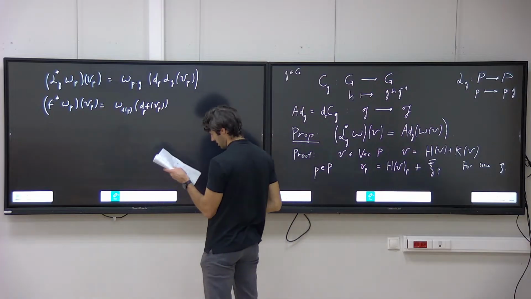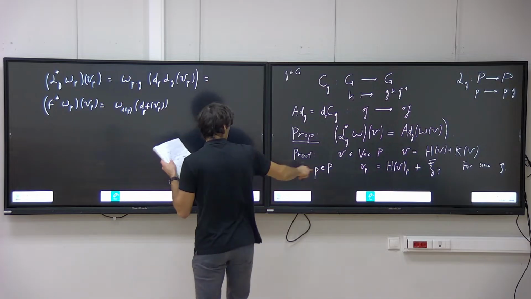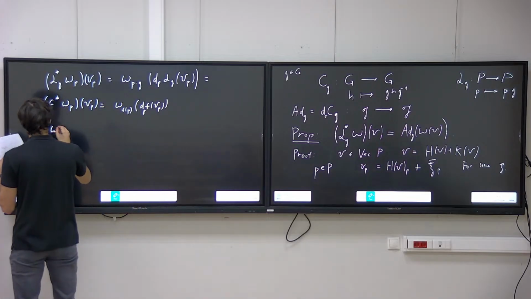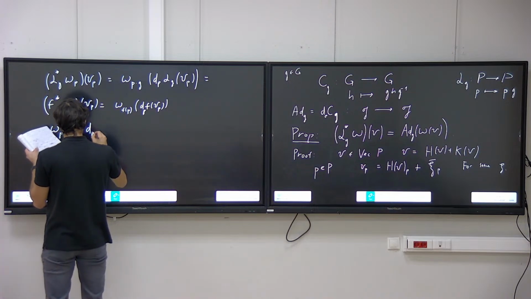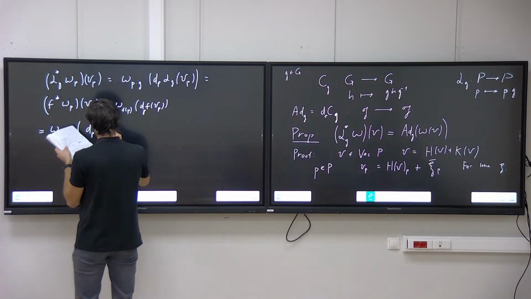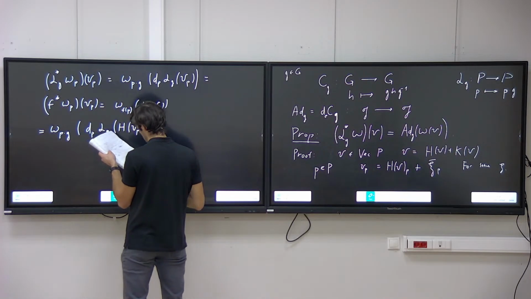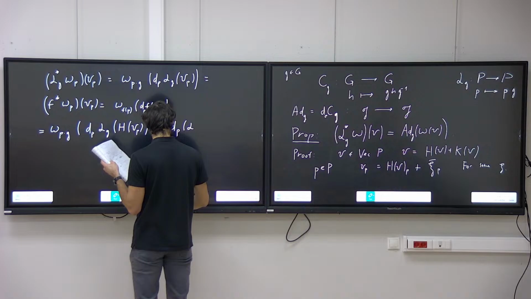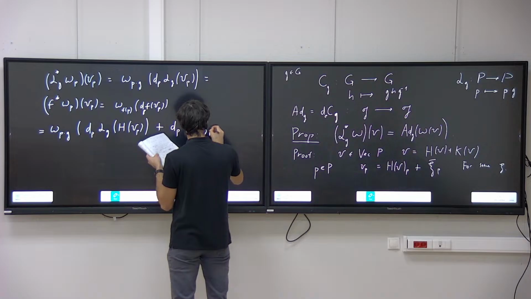Then I consider the decomposition of V_P, and this gives me omega at P of d_P alpha_G of the horizontal part of V_P, plus d_P alpha_G of Xi bar at P.